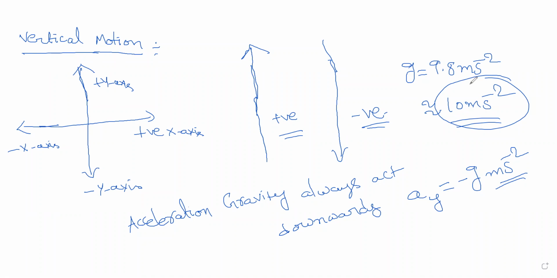Movement or measurement also. If you are measuring anything upwards, it is positive. If you are measuring anything downwards, that is negative. What is this, sir? You may have a doubt. Suppose you are at the bottom of a building and you are measuring the building from bottom to top.